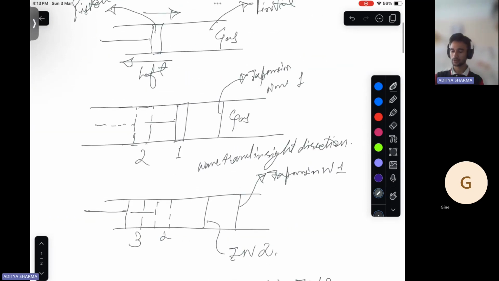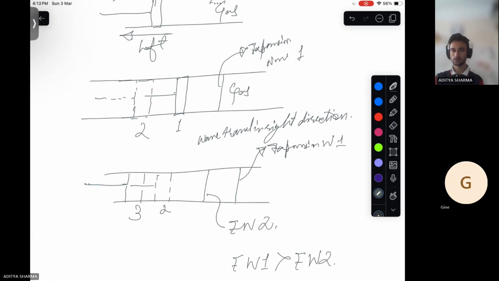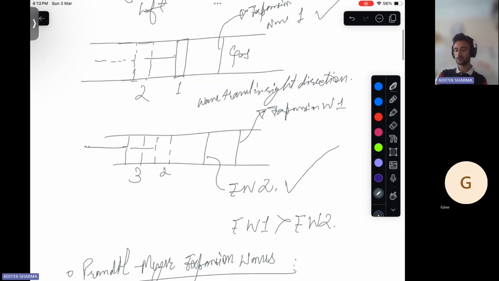So it is this case only. Okay. So this was our first expansion wave and this was our second expansion wave. Here I have written that the velocity of expansion wave 1 would be greater than the velocity of expansion wave 2, right?